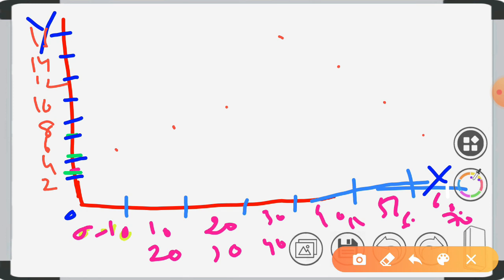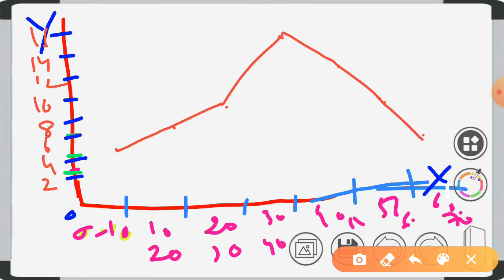Okay, so these dots will be joined with straight lines only. So like this. We have to draw the frequency polygon with only straight lines, not a smooth curve.